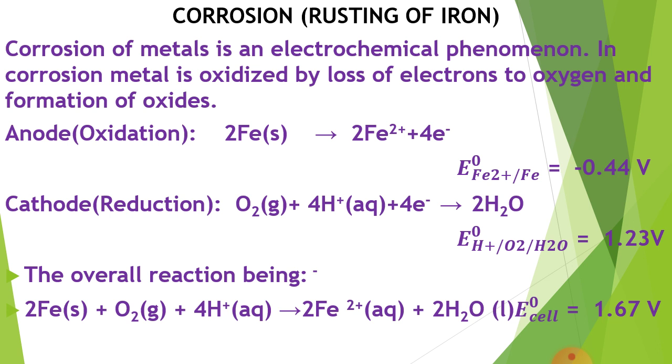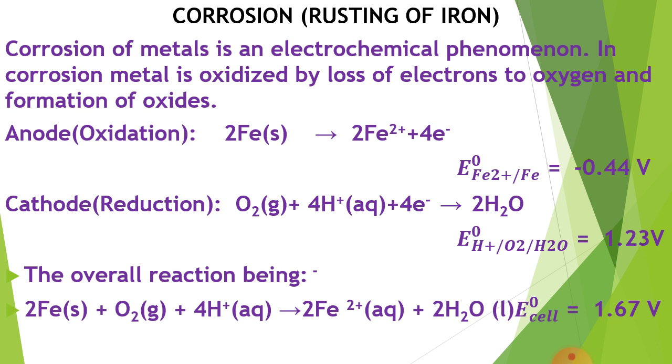Now at the cathode, O2 plus 4H⁺ plus 4 electrons which came from the anode will give 2 moles of water. Here the E° value for this reaction is 1.23 volt. Now the overall reaction is 2Fe plus O2 plus 4H⁺ giving 2Fe²⁺ plus 2 water in the form of liquid.